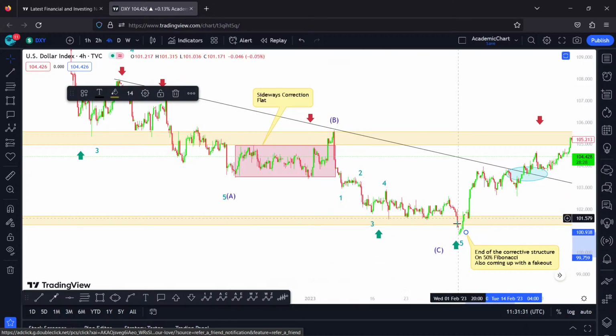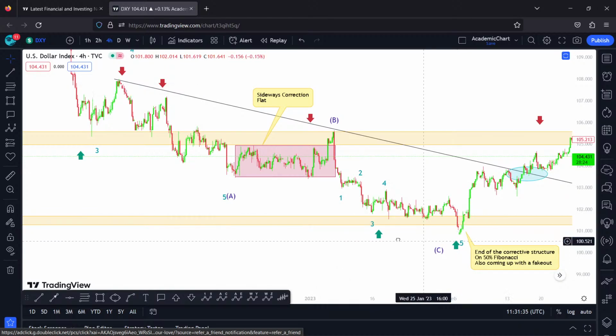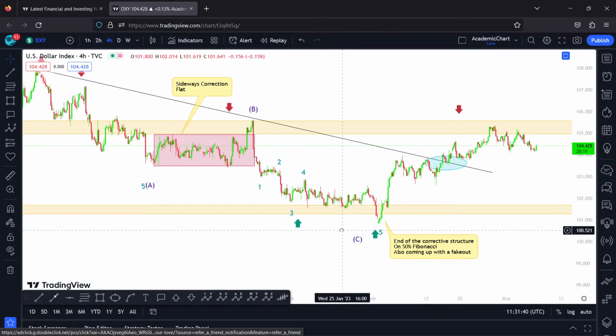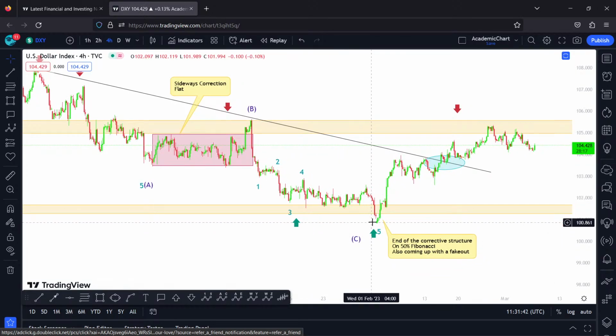Okay, it was not a breakout, I don't take care of that. The fake out is also telling something to you as a technical analyst, that okay, it tried to break it down, but it was not successful. So it is a big indication, these fake outs. We had another one here on top, a fake out.